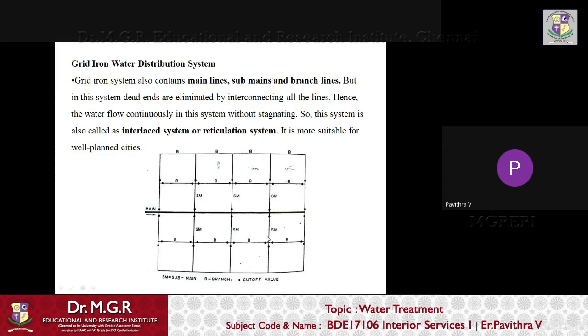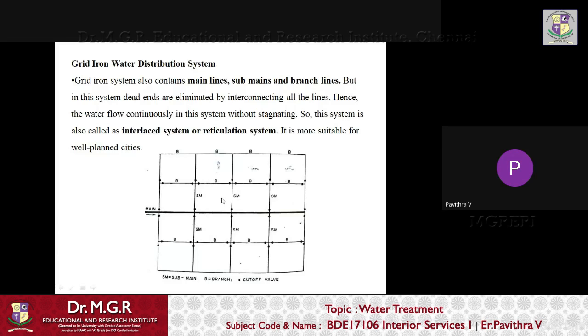Coming to this diagram, there is a main pipeline which is laid in the center of the city, and from the main to the submain and submain to the branch. It has been interconnected as a perfect grid pattern. When you see here, there are some dotted points, which show the cutoff valves.